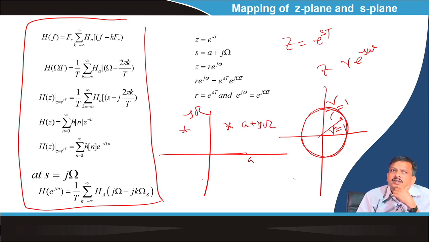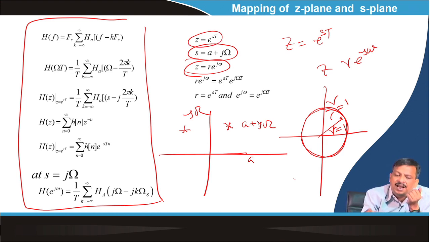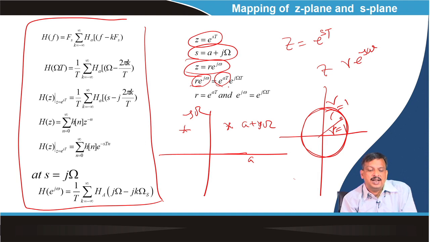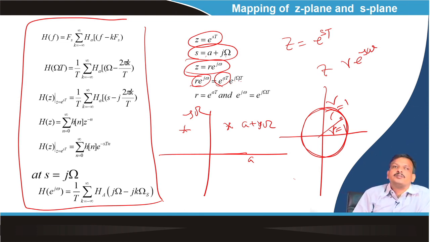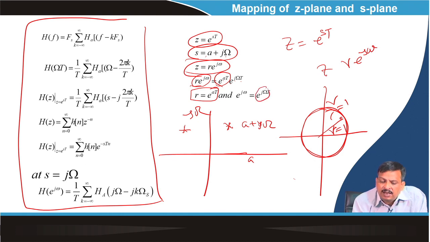xy coordinate. So, S is equal to a plus j omega, Z is equal to R e to the power j omega. Since Z is equal to e to the power sT, R e to the power j omega is equal to e to the power sT. So, e to the power aT into e to the power j omega T. So, the magnitude part, R, is related to e to the power aT, and j omega is related to e to the power j omega.